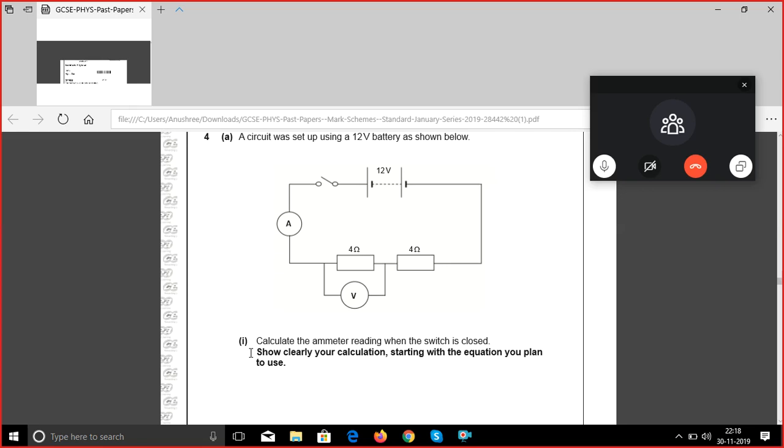Okay, so a circuit was set up using a 12V battery as shown below. Calculate the ammeter reading when the switch is closed.